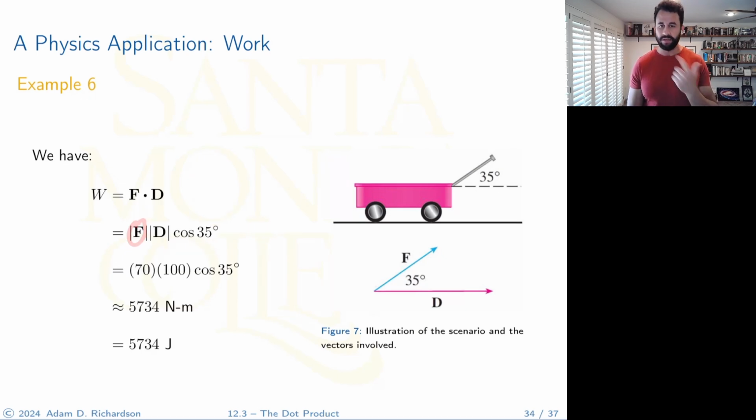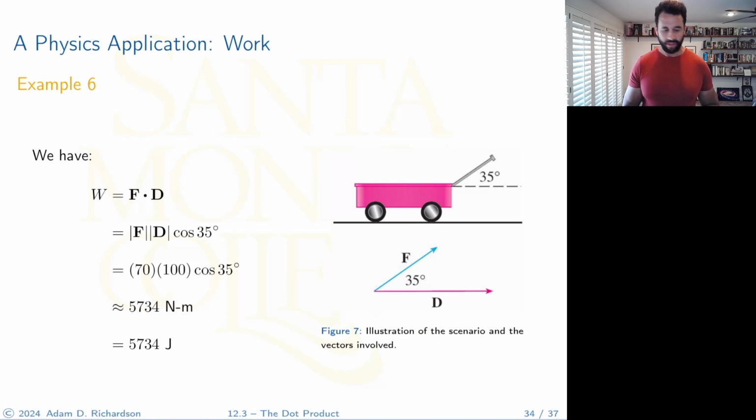So the size of F is 70, the size of D is 100, and we have cosine of 35 because that's the angle between these two vectors. Then go to a calculator, we get an approximation of 5,734 newton meters or 5,734 joules.